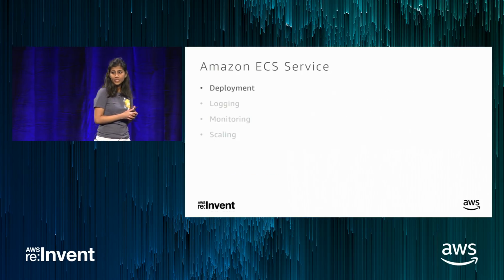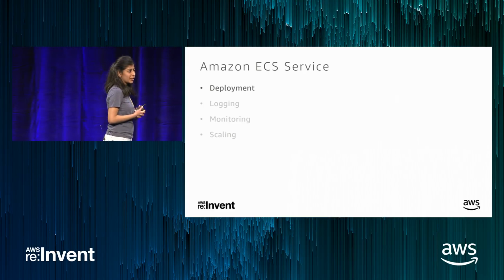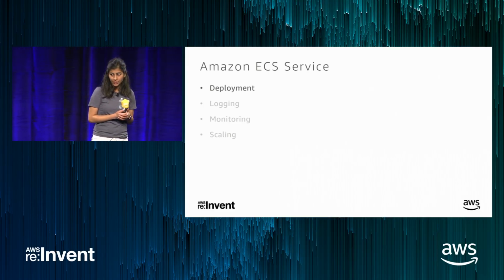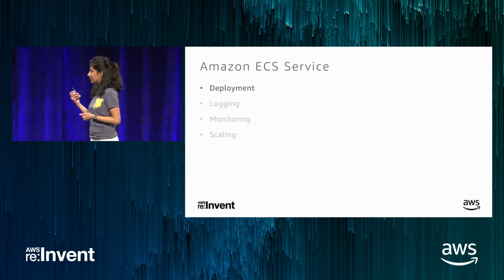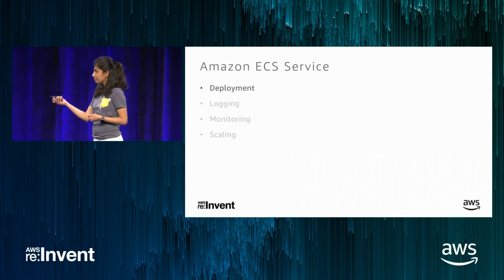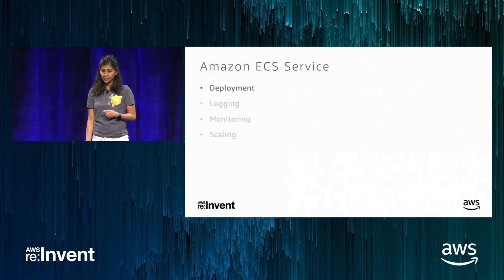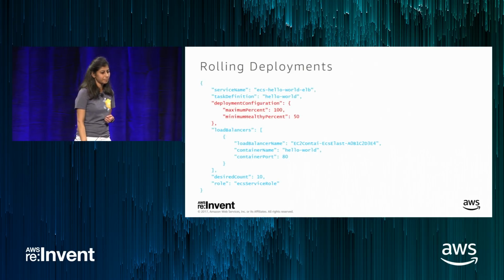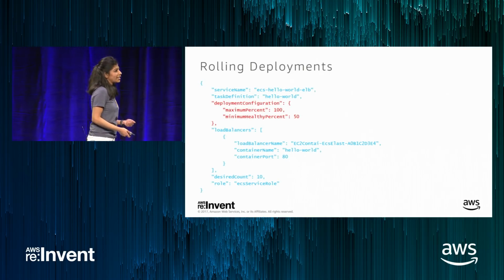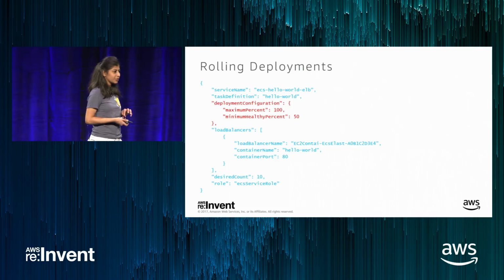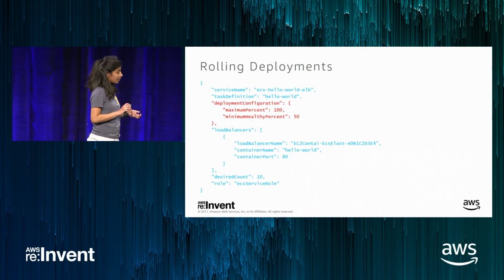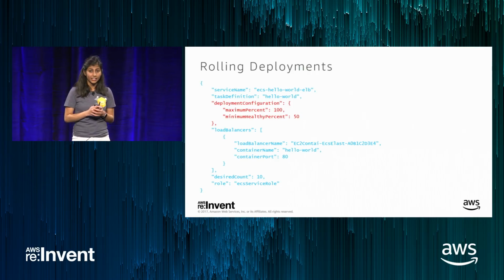All right, there are some other things that you need to think about when you're actually running a service in production. Some of the key things are like deployment, logging, monitoring, and scaling. So let's start with deployment. ECS provides you some knobs to actually specify the deployment batch size.